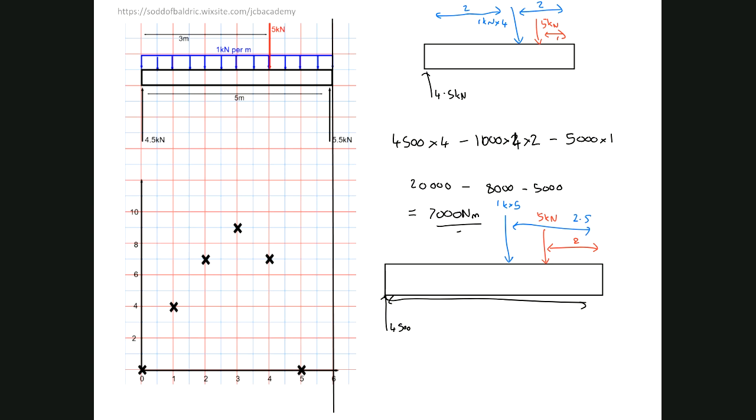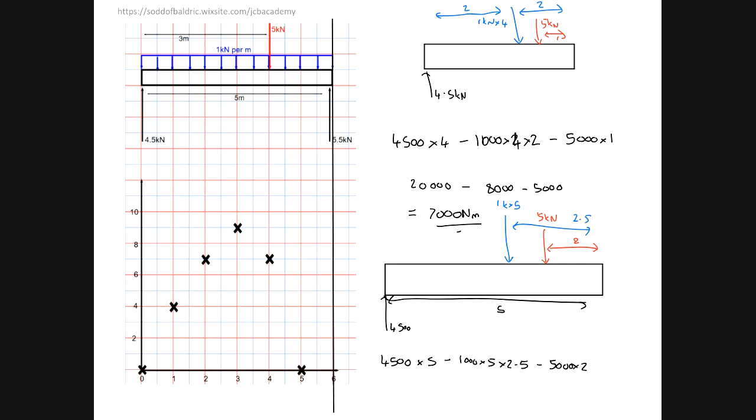at 5 meters. So if I want to do my bending moment, I get 4,500 times 5 minus 1,000 times 5 times the 2.5 meters it's working from, minus 5,000 times 2.